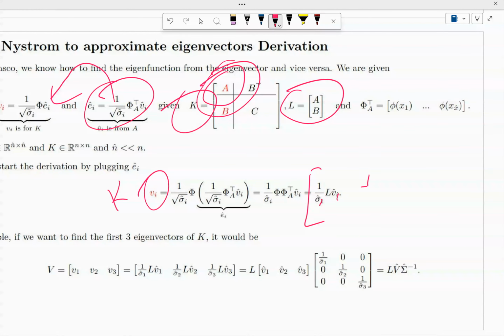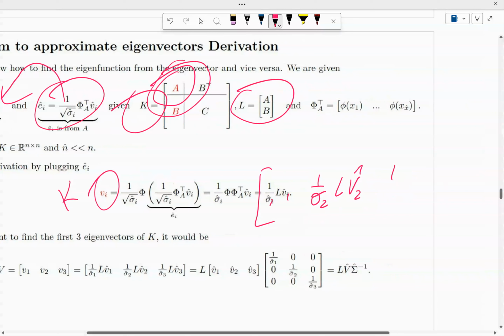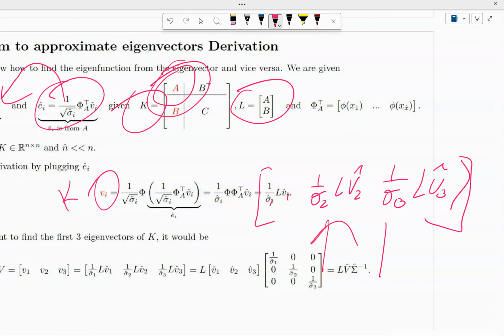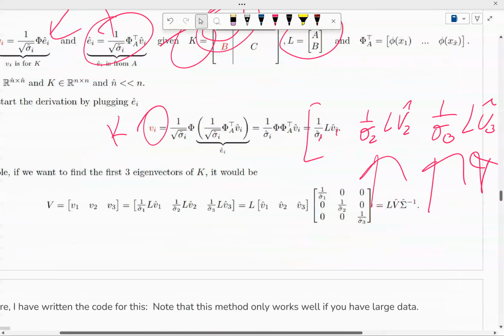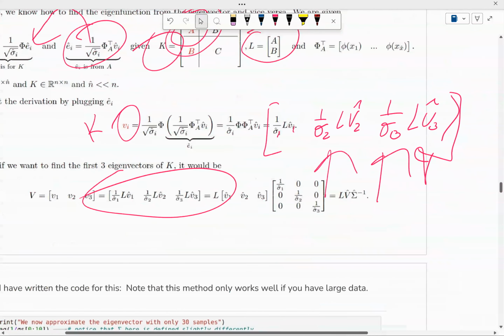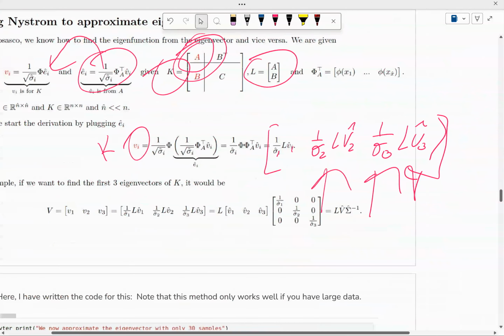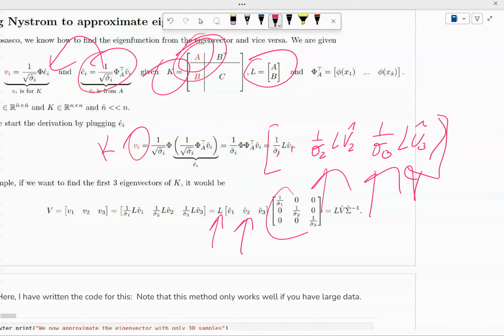Now, if you want to find more than that, you can do this again. So this will be the first one. The second one, you can get the second eigenvector, and you can do it again, one over sigma 3 L V 3. So you can essentially get all the eigenvectors this way. And when you do that, you can pull L outside because L is all the same. So L outside, then V and sigma.